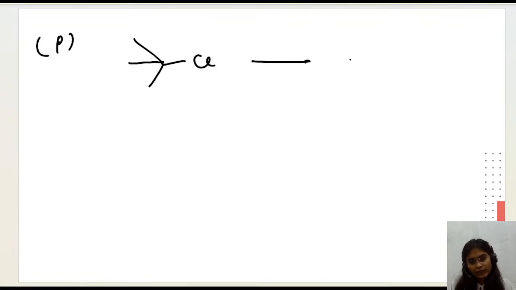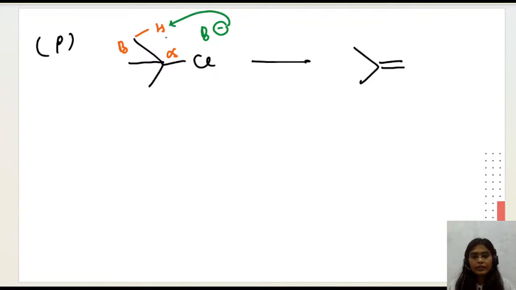What we are given is this, so this is chlorine, this is my alpha, this is my beta, and some hydrogen has to be there. Basically what is happening here is you will have some base. The base simply attacks this hydrogen, and this chlorine has to leave. So it's nothing but an elimination reaction.